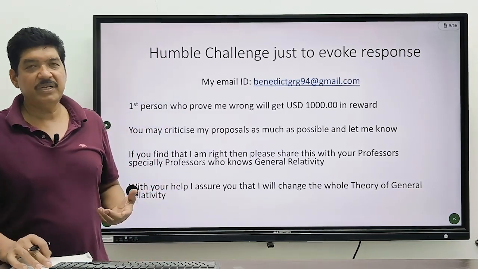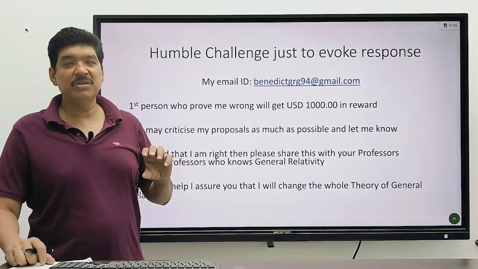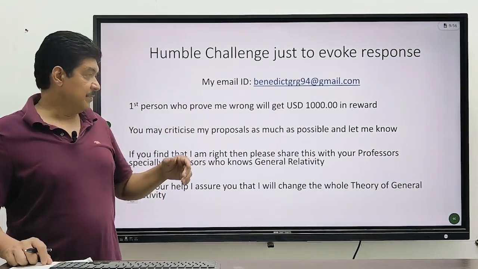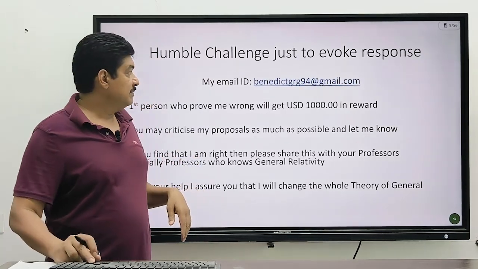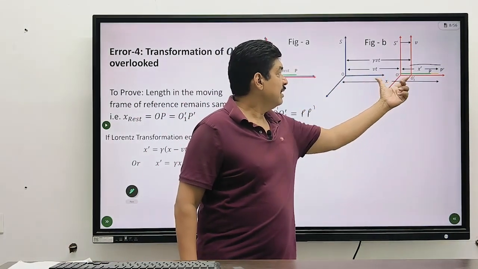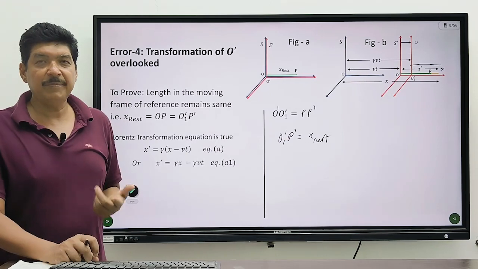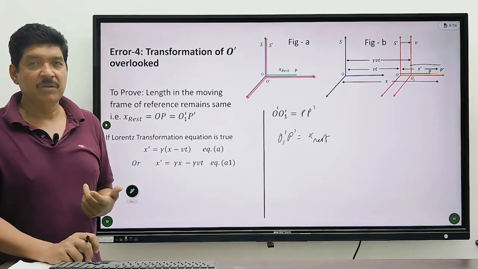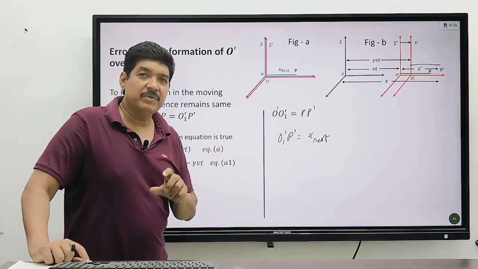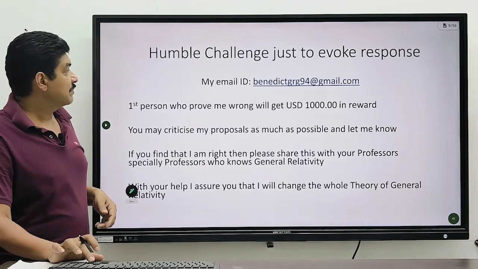If you check graphically, then you will find a lot of differences. Don't go through only the theoretical part, just see the graphics, the graphs which I have made. And critically think over it. Even what I propose, critically think from my point of view, and critically think from the point of view of Lorentz Einstein, right?